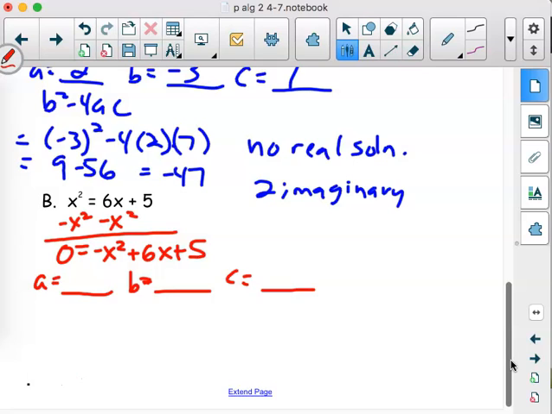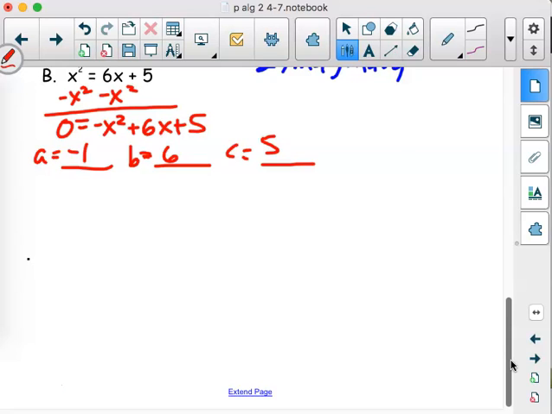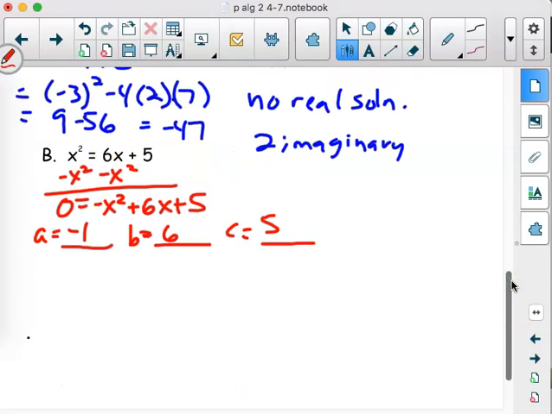So as long as you're careful, you'll get it right. Now I need somebody to give me A, B, and C, please. So let's put it into b squared minus 4ac.